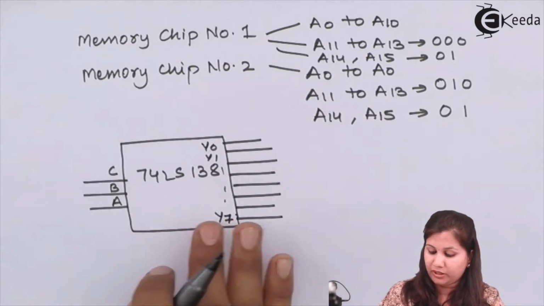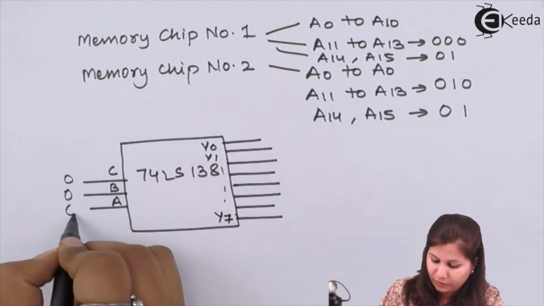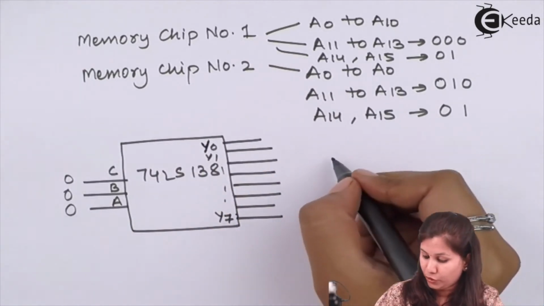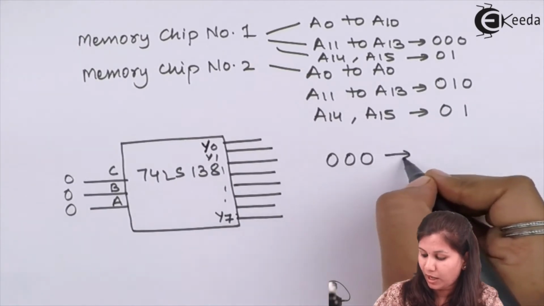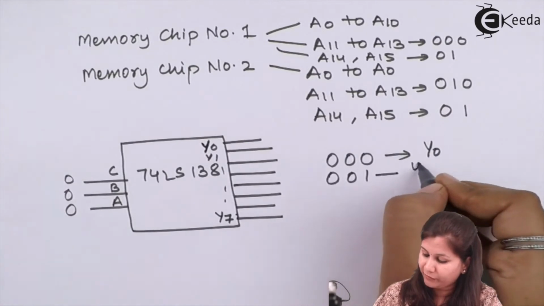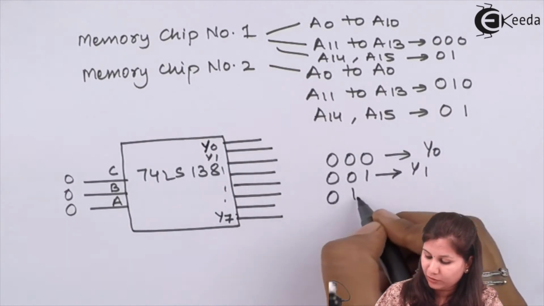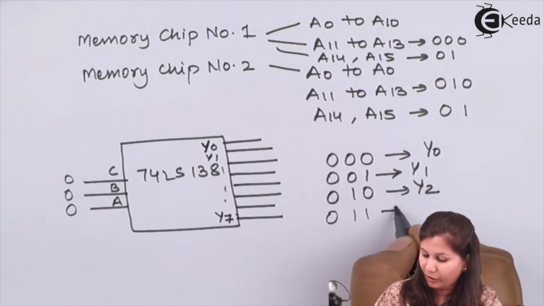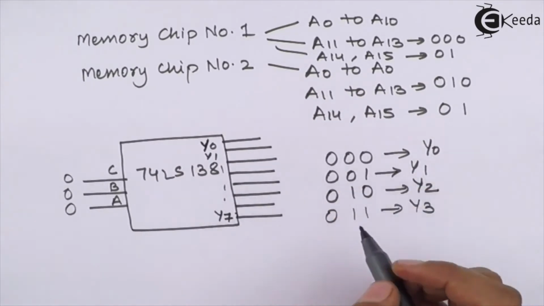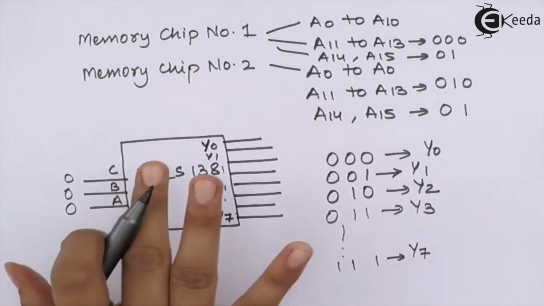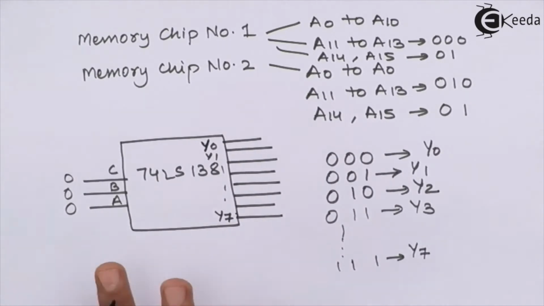Now in this decoder, if the input is 000, then the output Y0 will be activated. If input is 001, then Y1 is activated. If input is 010, then Y2 will be activated. If it is 011, then Y3 will be activated. So all the 8 combinations will be used for activating the various outputs of the 74LS138 decoder.